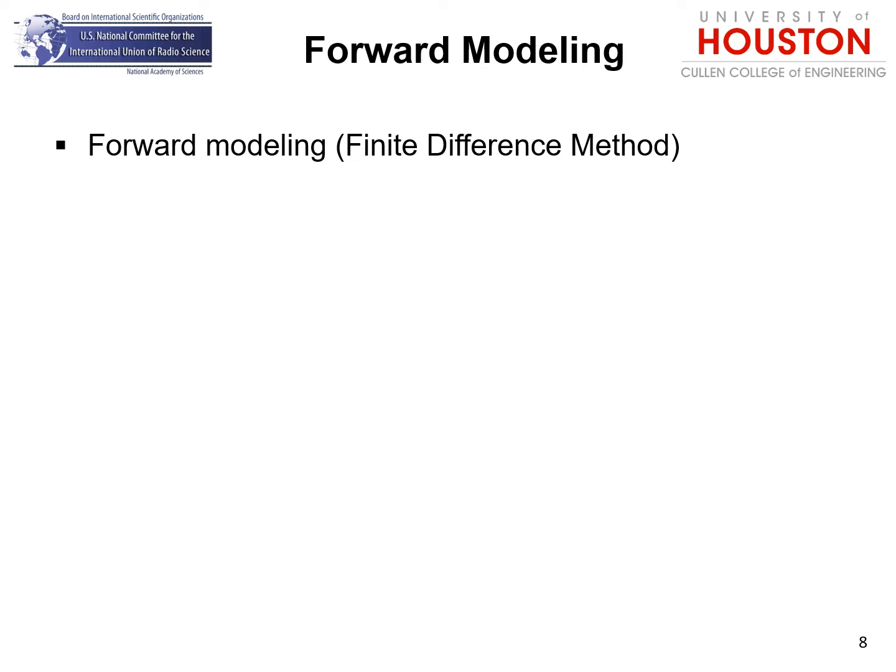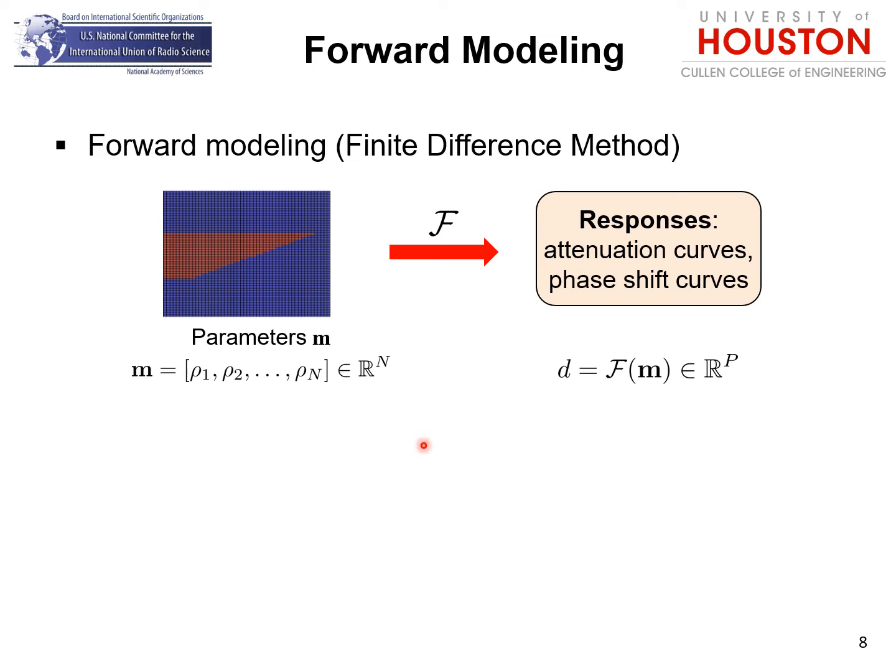Let me first introduce the conventional forward modeling. We use the finite difference method. So the forward modeling is a mapping from the model parameters to tool responses, including the attenuation and phase shift.